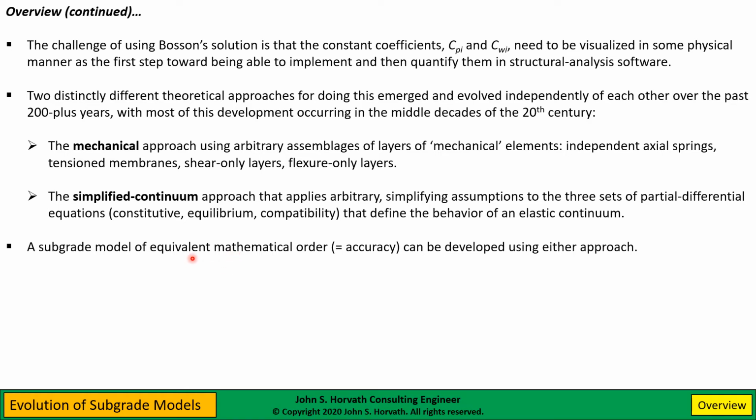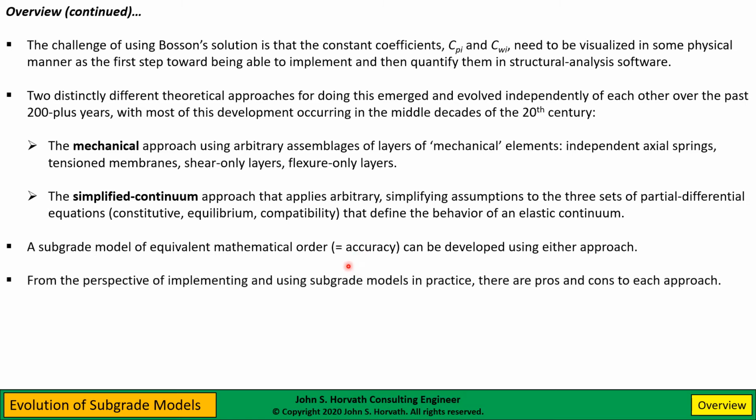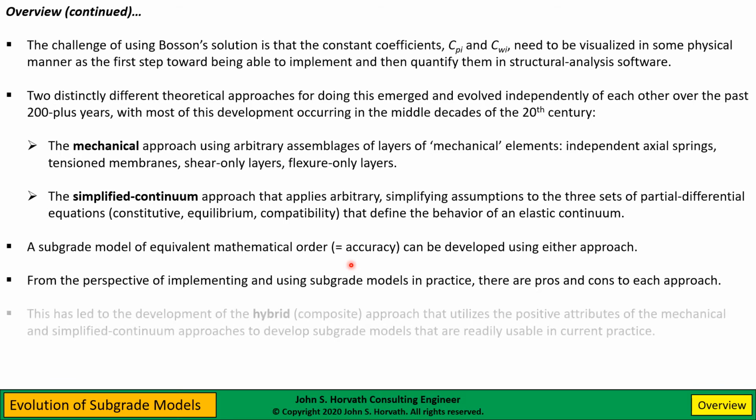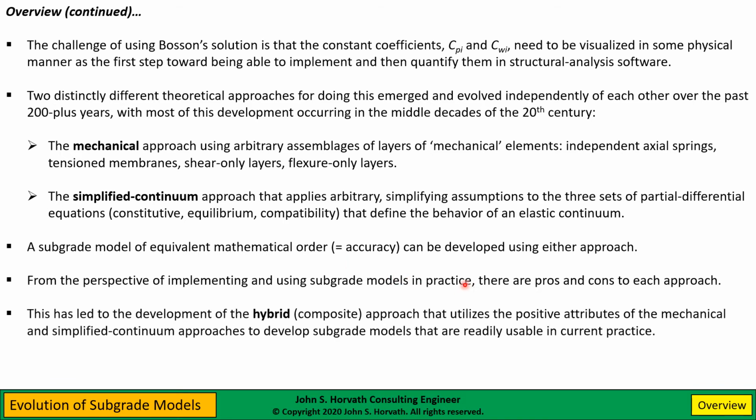Because you can develop a subgrade model of equivalent mathematical order, which we assume relates to accuracy, using either approach. No surprise, there's pros and cons to each approach. And out of this has come what I call the hybrid or composite approach to things. So, as the colloquial expression goes, we cherry pick. We take the best of both worlds, the best of the mechanical approach, the best of the simplified continuum approach.